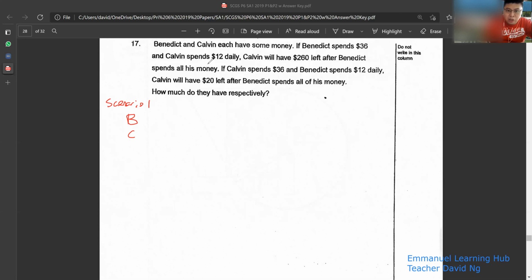If Benedict spends $36 daily, N is the number of days.